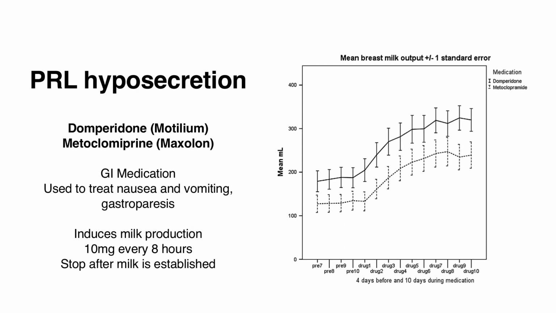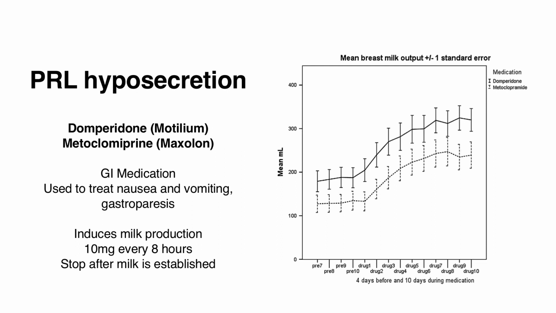Turns out that when you give domperidone or metoclopramide, these also increase milk production. So if somebody was having trouble expressing milk, you can try either one of these medications, and you give about 10 milligrams every 8 hours. And after the milk is well established, which may be very quick in just a couple of days, or it may take about 3 weeks to occur, then you can stop the medication or decrease to maybe once a week in some cases.